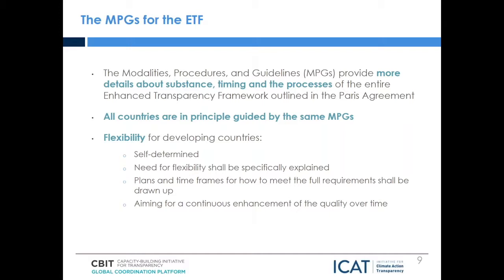Furthermore, the country must report and follow up on the areas of improvement identified, providing information on any progress made in addressing the issues and needs, and including a time frame to show how it plans to meet the full requirements in the future. So flexibility is a very important new aspect, since it accommodates countries with lower capacity to participate in the ETF, and at the same time it allows them to continuously improve over time in the key areas of the ETF, which would allow us ideally to arrive at a common reporting format globally.